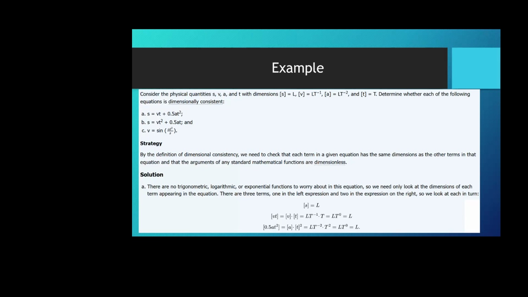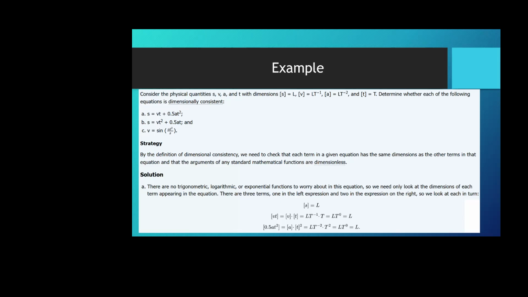We have the first one, VT. This is consistent, obviously. I know it's consistent, the first one, but let's explain why. This is length. The units of velocity is length divided by time. The units of time is time. This cancels this. So length equals length.